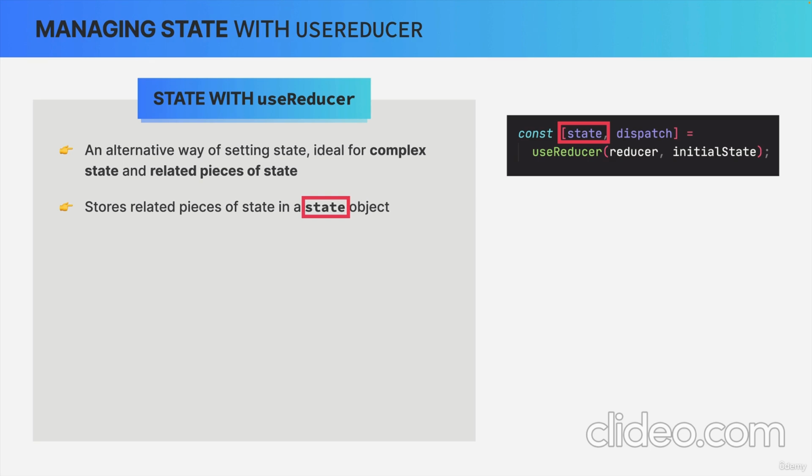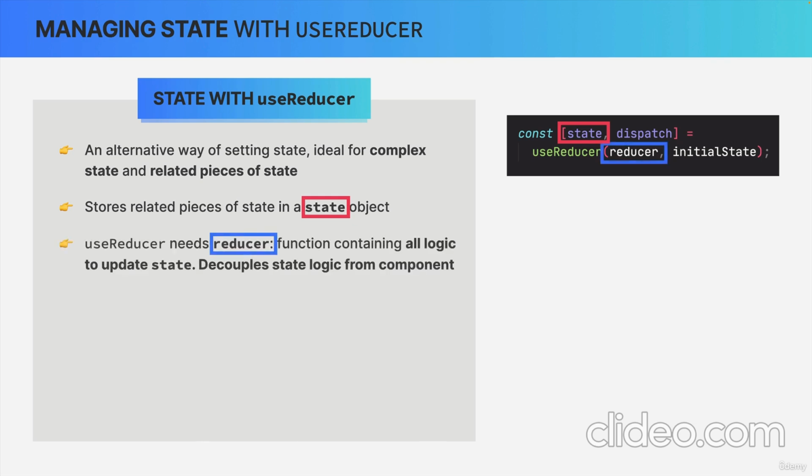Now, as we already know, useReducer needs something called a reducer function in order to work. So this function is where we place all the logic that will be responsible for updating the state. And moving all state updating logic from event handlers into this one central place allows us to completely decouple state logic from the component itself, which makes our components so much cleaner and so much more readable.